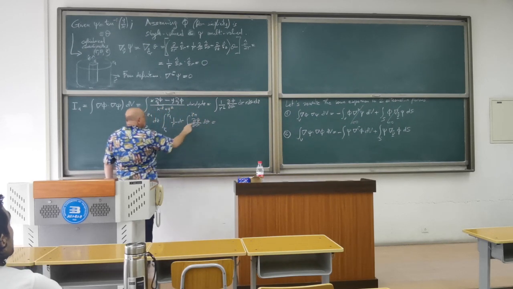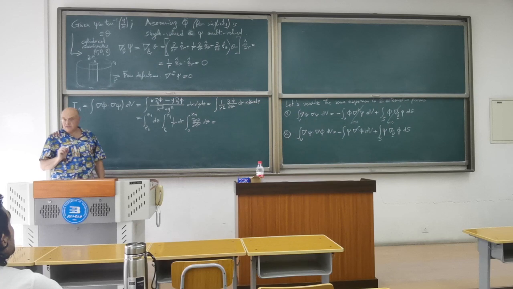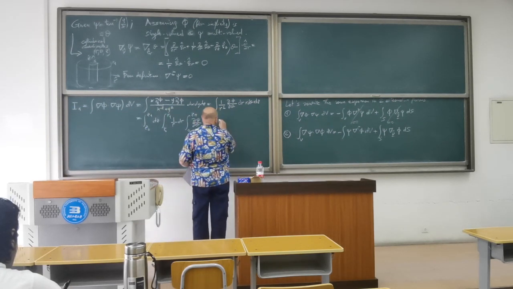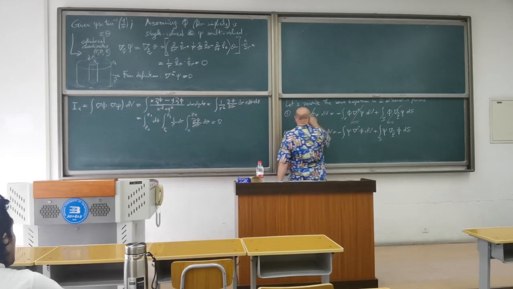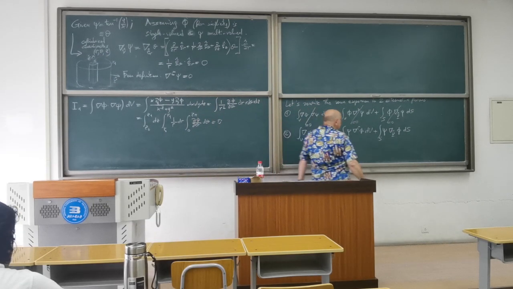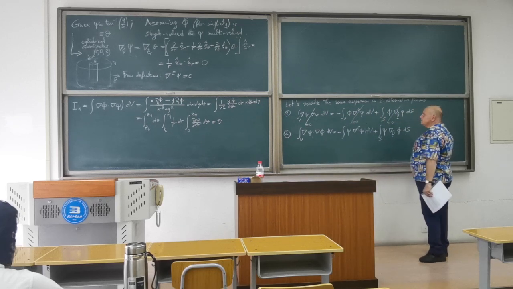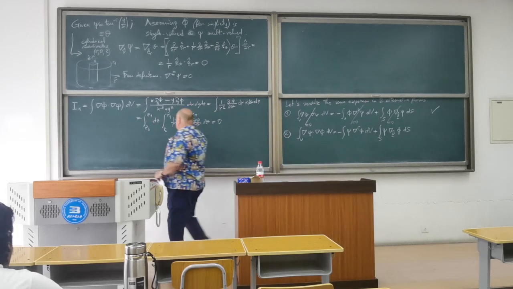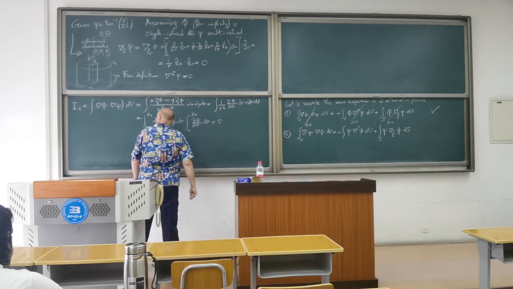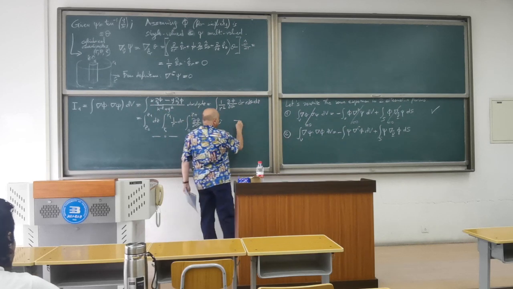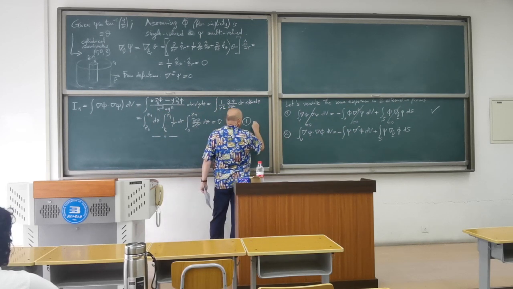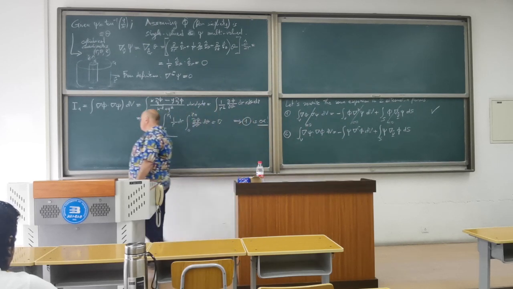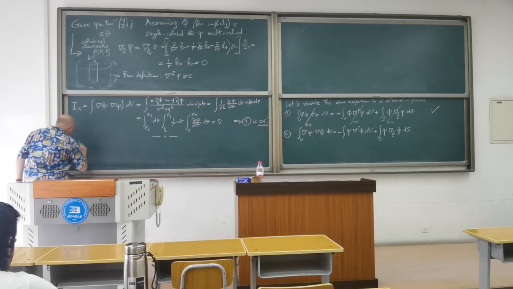But phi was assumed to be single valued at the beginning. Because it's single valued, this is 0. So we can state that this is also 0. So this first version is okay. What about the second one?